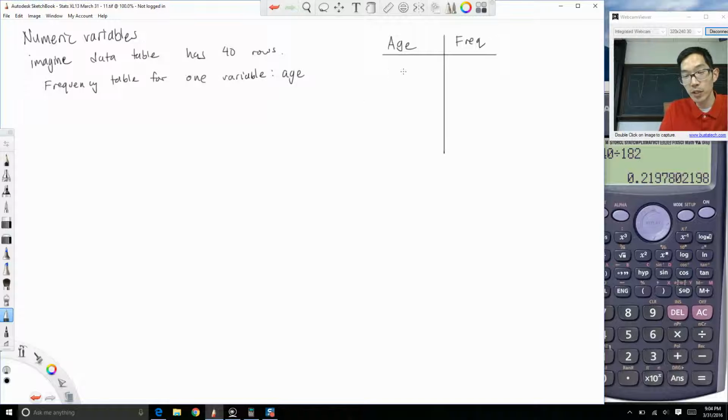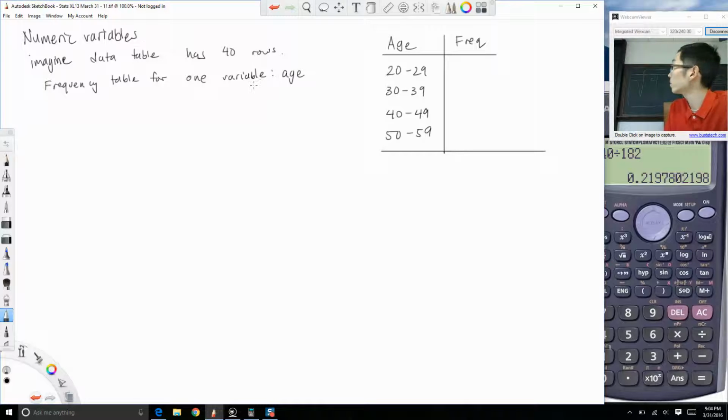And so maybe the age categories are 20 to 29, 30 to 39, 40 to 49, and 50 to 59. And let's say these are all the ages represented in our data.